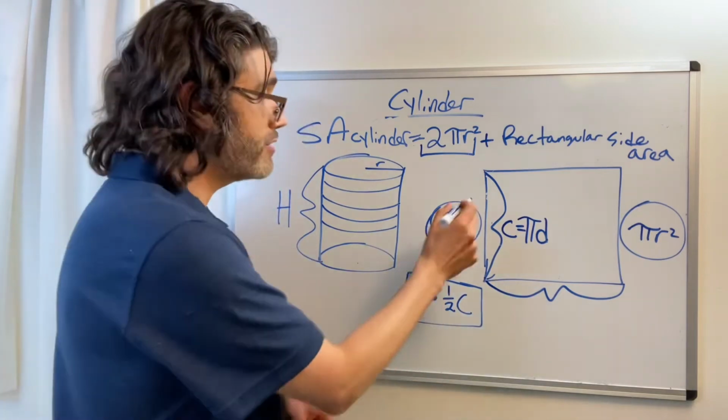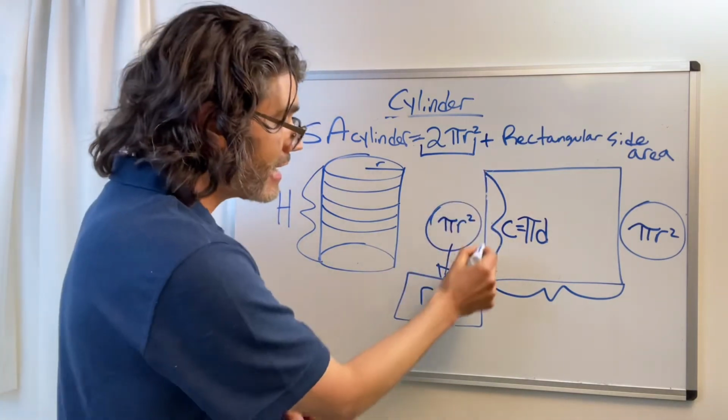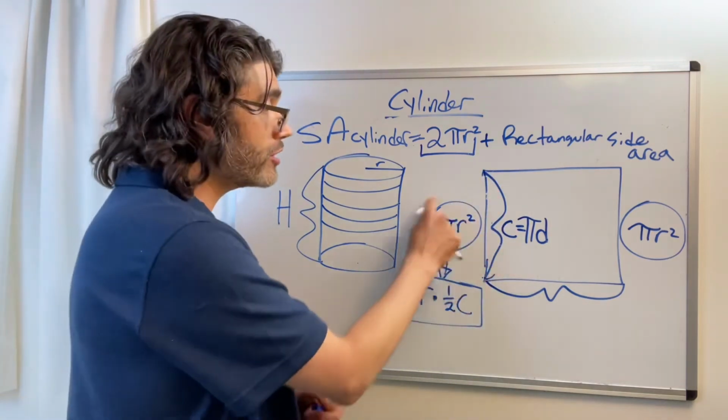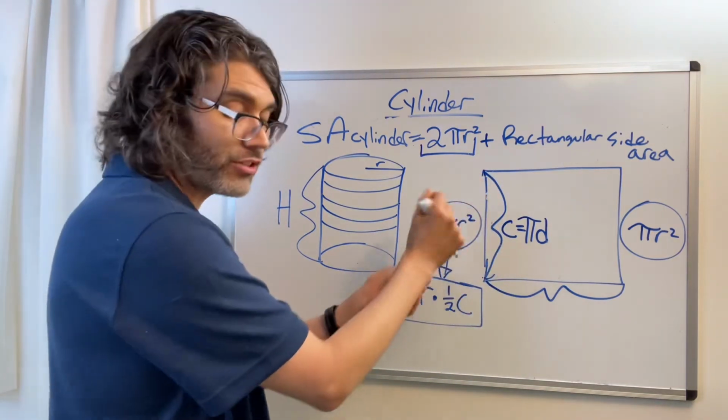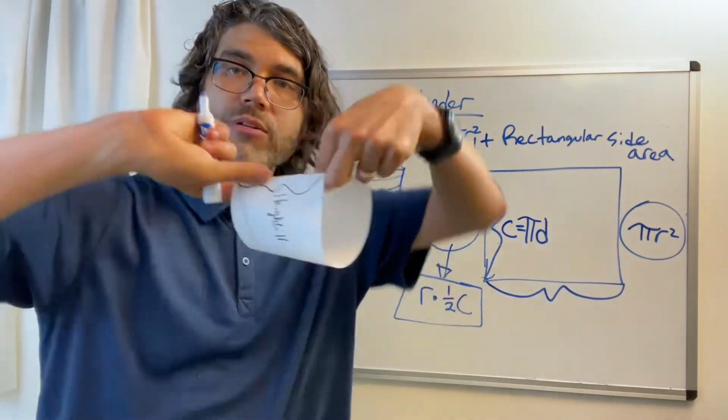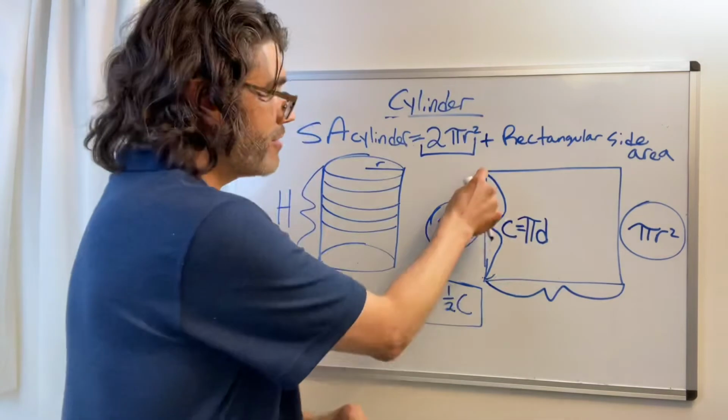And guess what? The circumference of this circle is the same thing as the length from here to here of this rectangle. So if you know what the circumference is, you unravel that circumference, just like we unraveled this label, and you will get this length.